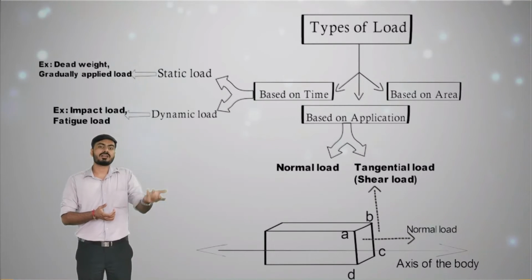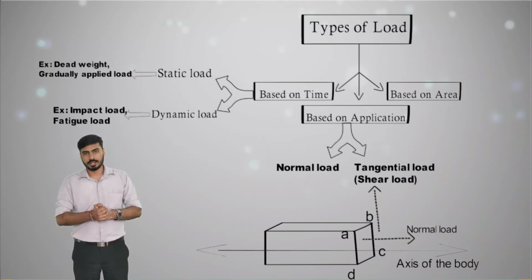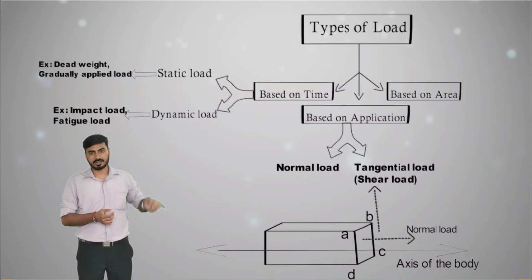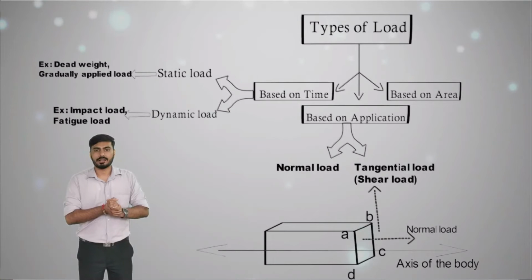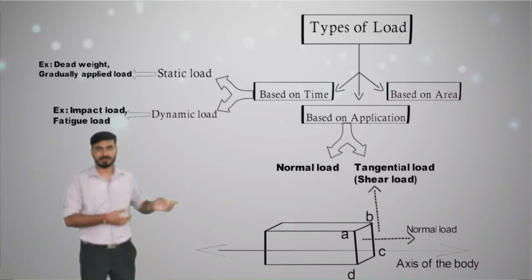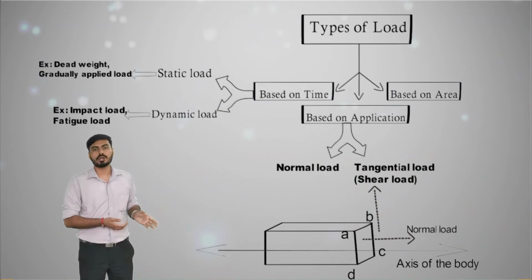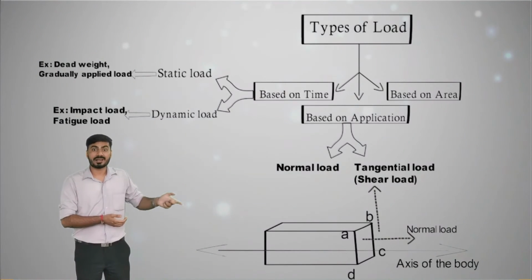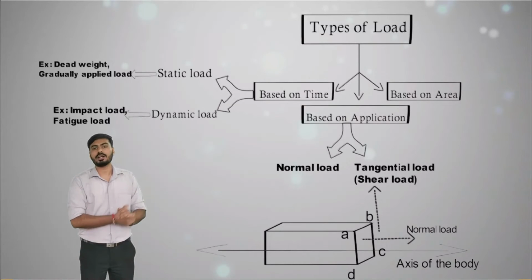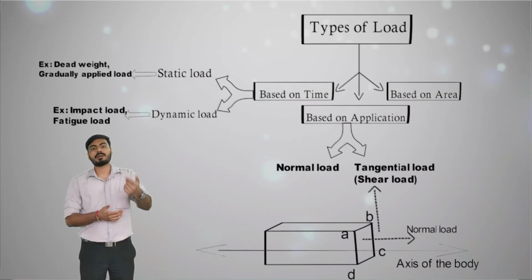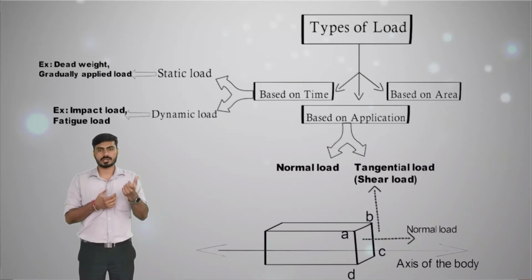Now consider the different direction of application of load. Now if you consider the vertical direction of application, this type of load will be applied in a vertical direction. This direction, as you can see, is perpendicular to the axis of the body and parallel to the cross section area of the object, and that's why this type of load is known as a tangential load.